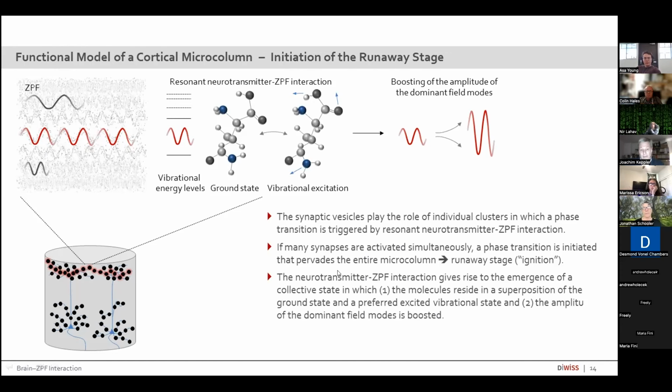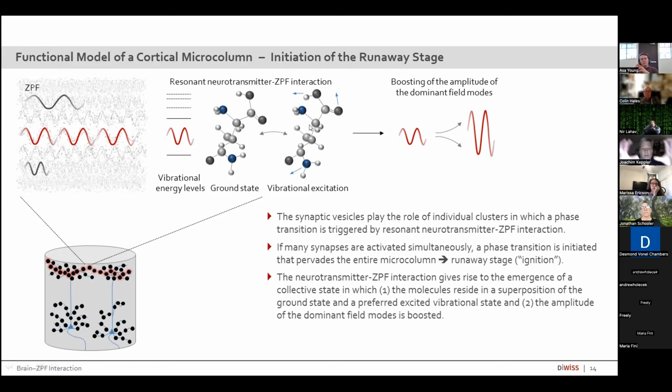And in this runaway stage, it's the neurotransmitter zero-point field interaction that then gives rise to the emergence of a collective state, a collective state of the neurotransmitter molecules. And on the other hand, this resonant interaction results in the boosting of the field modes that play a dominant role in this interaction.